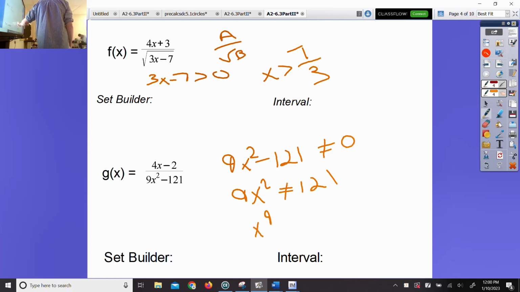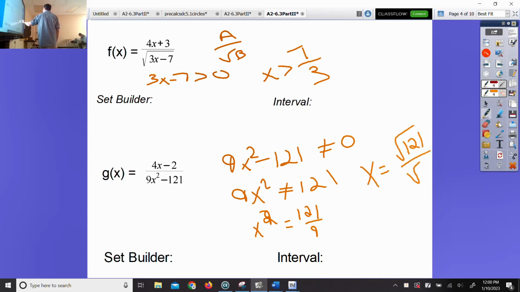And now we counteract the multiplication through division. That isolates the x squared piece. Nathan, how do you counteract square rooting? When you're dealing with fractions, at least in your head, you should view it as 2 distinct pieces. It's root of 121 over root of 9. What is root of 121? 11. What's root of 9?